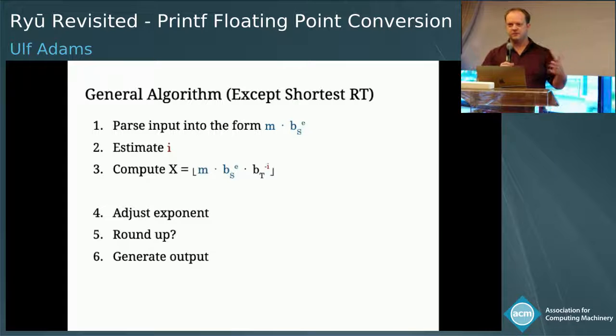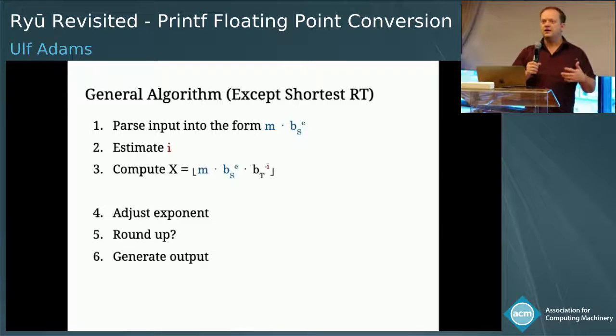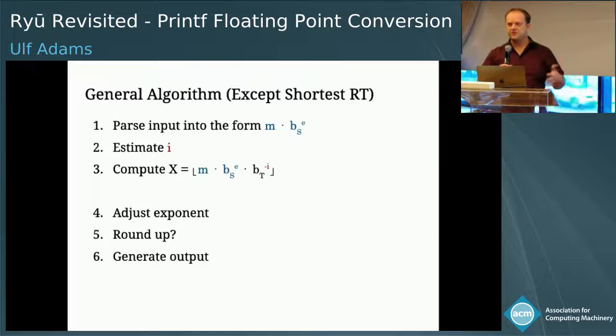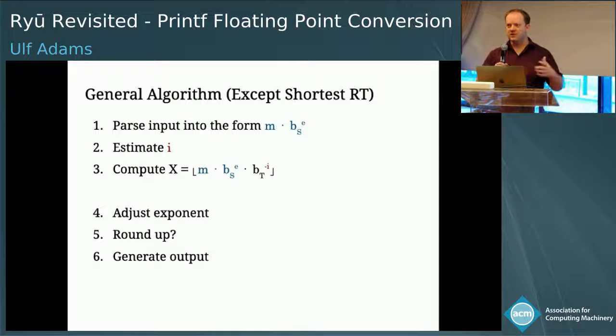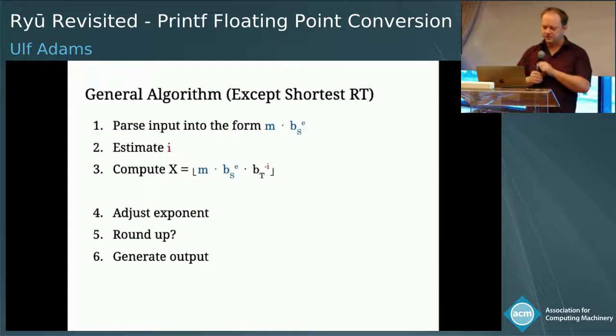So in %f, for example, the precision is exactly I. In scientific format, that's not the case. Instead, we have to figure out roughly where we need to make the cut. And we don't have to be precise. We only need to overestimate the correct position. And I'll go through an example so we can see how that works.